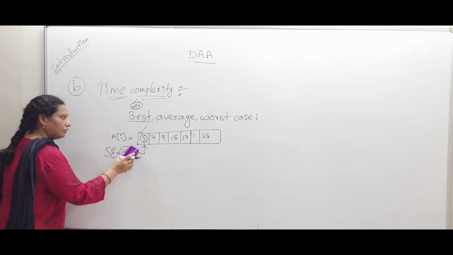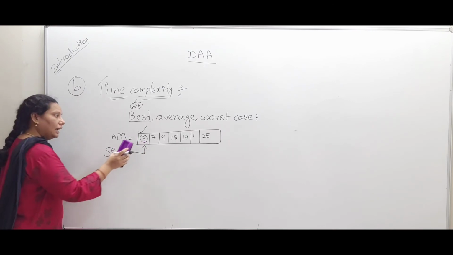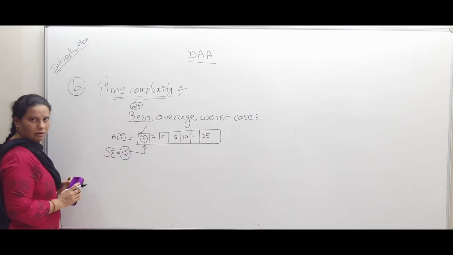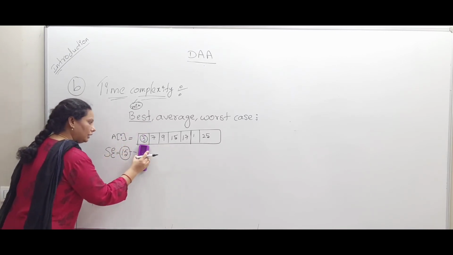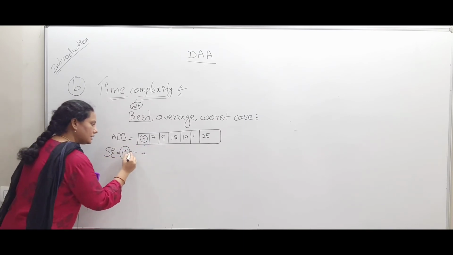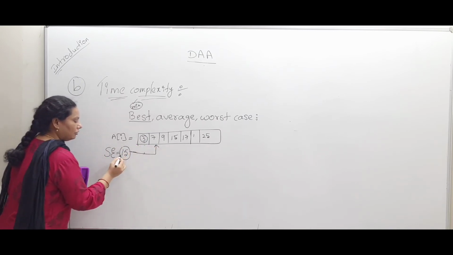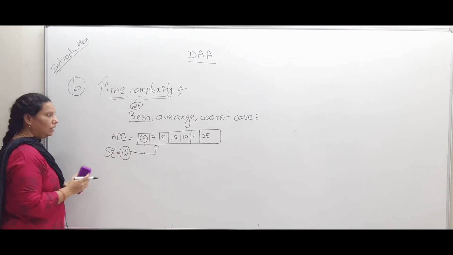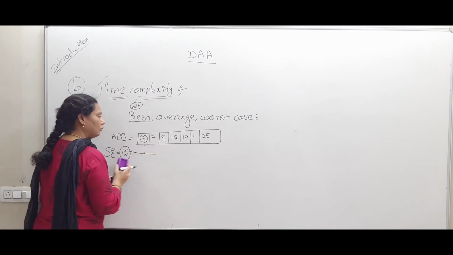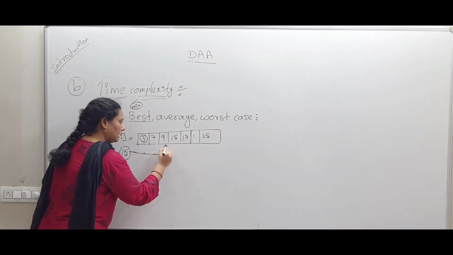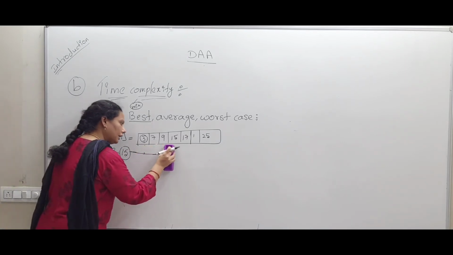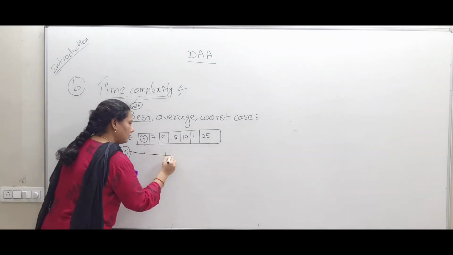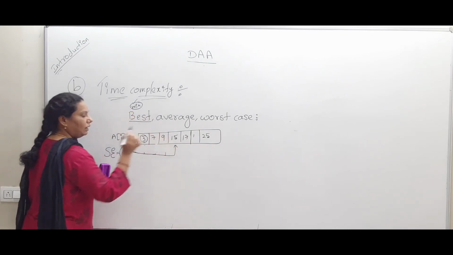First it goes to the first element. It will compare 3 and 15. Both are equal? No. Now what it will do? It goes to the next element. 15 and 7. Both are equal? No. Again it goes to the next element. 15 and 9 are equal? No. Then again it goes to the next element. 15 and 15 are equal?